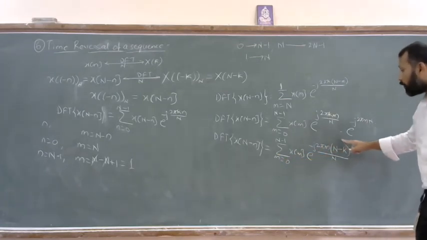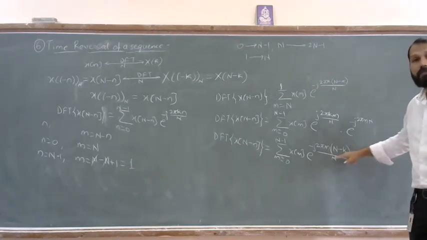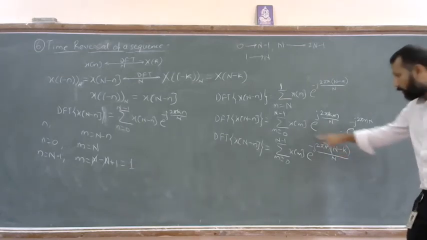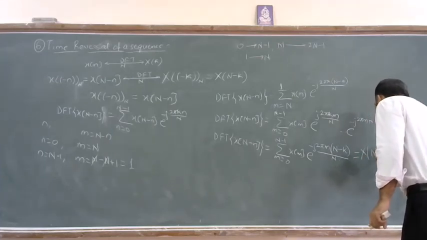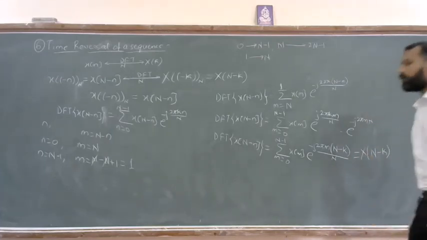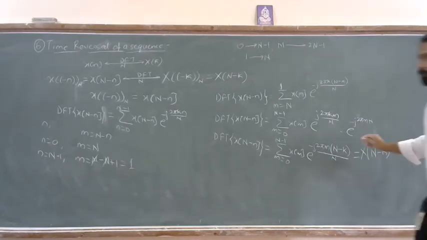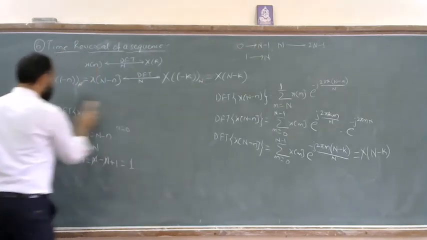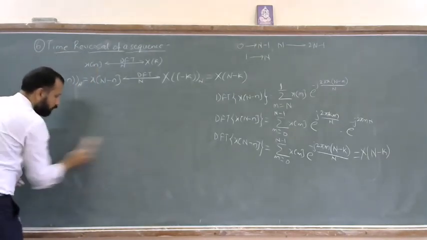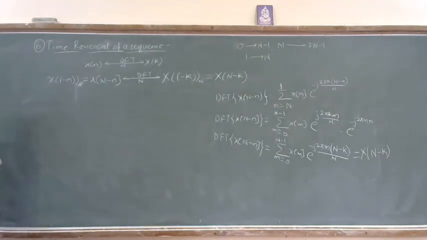But instead of the variable k, we have n minus k. So this summation is representing the DFT X of n minus k. Are you all following?